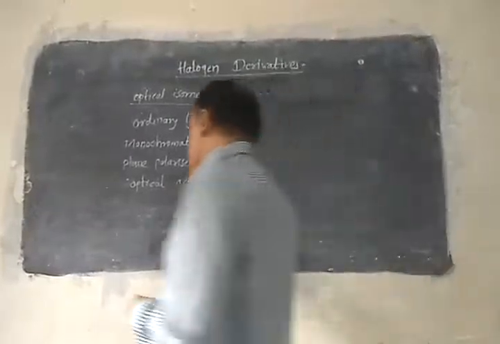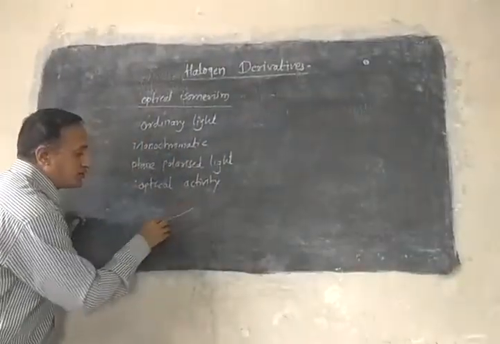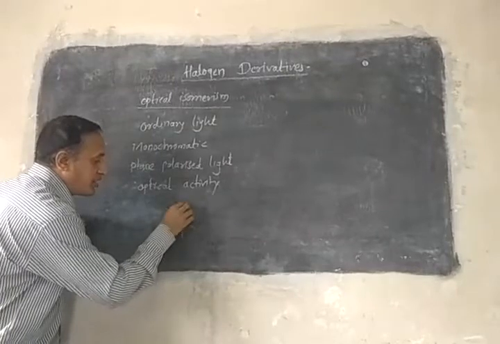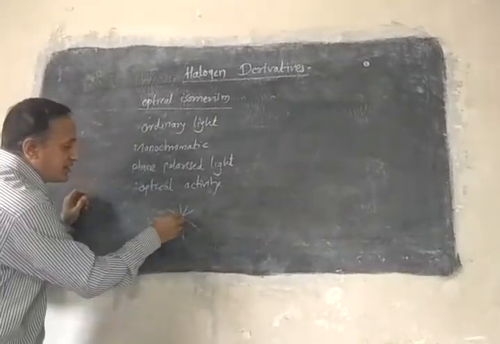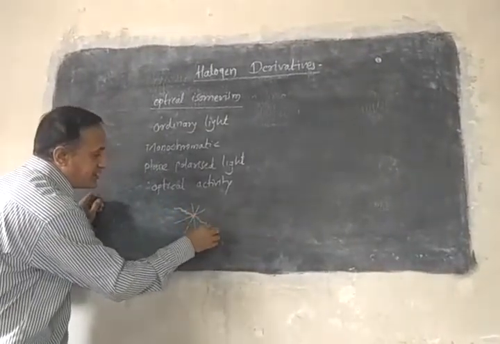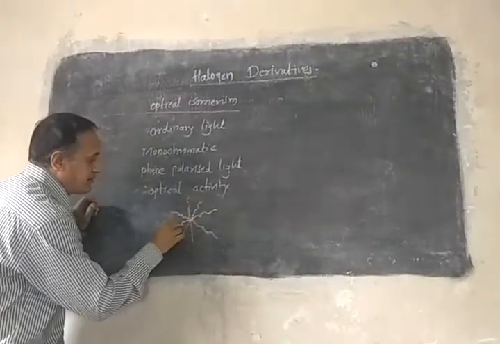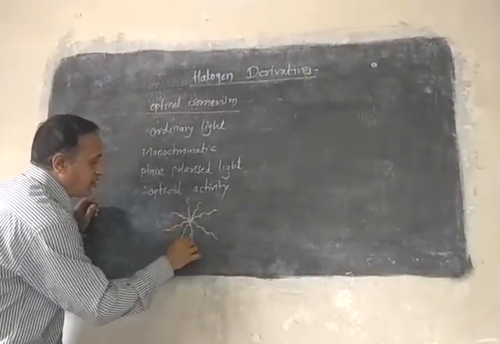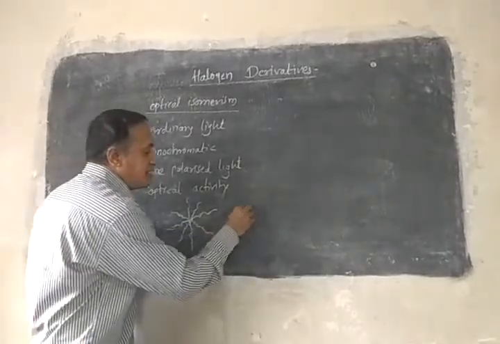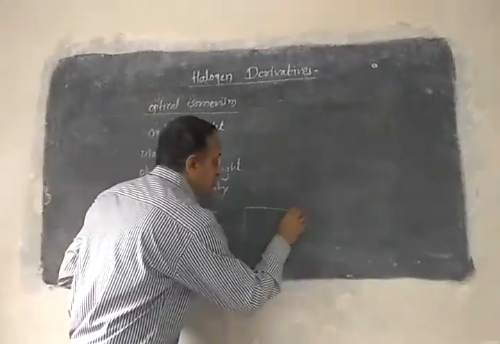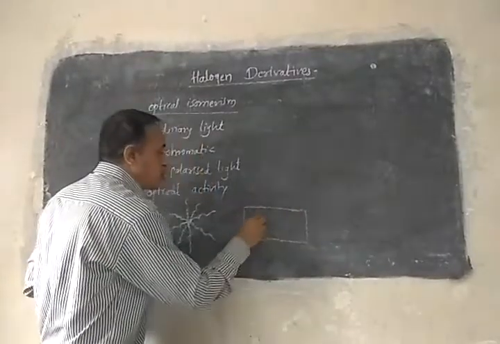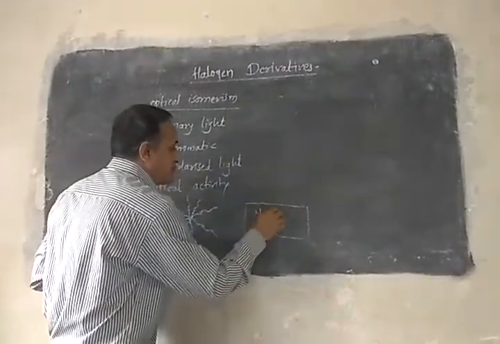I will show you diagrammatically. Suppose this is an ordinary light; it oscillates in all directions like this. When this light passes through the Nicol prism, it is called a Nicol prism.